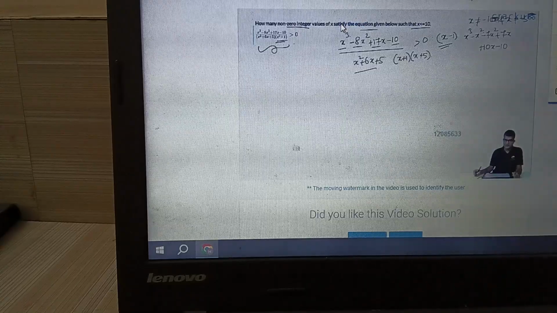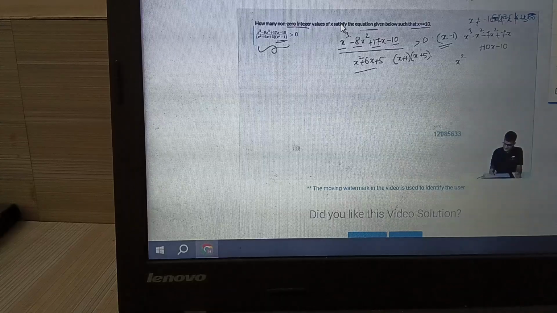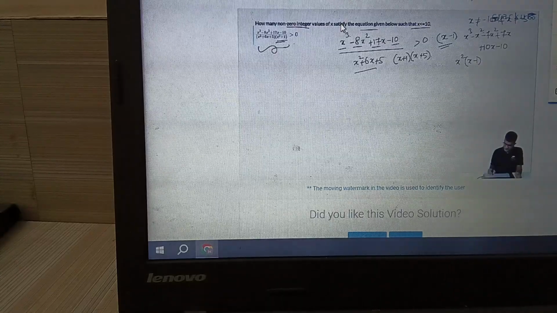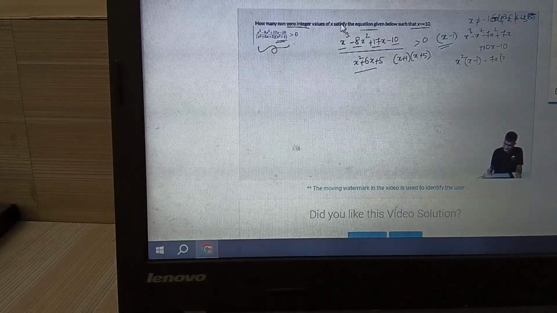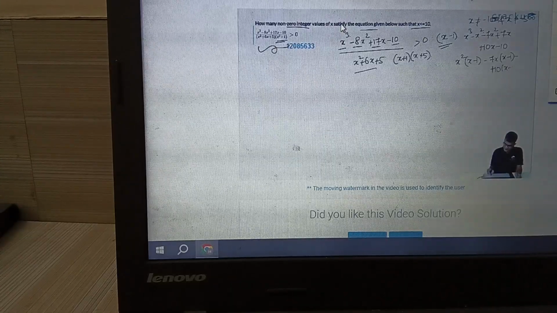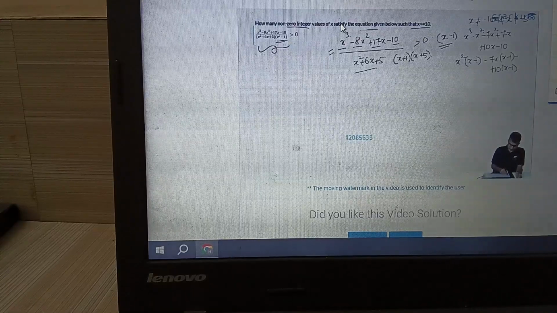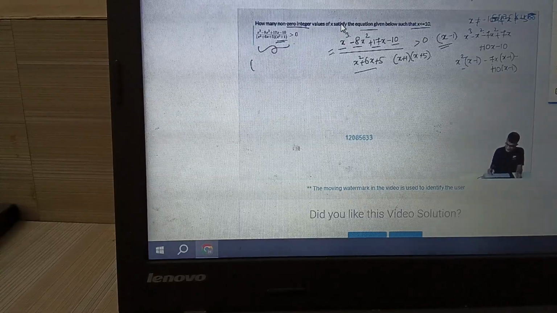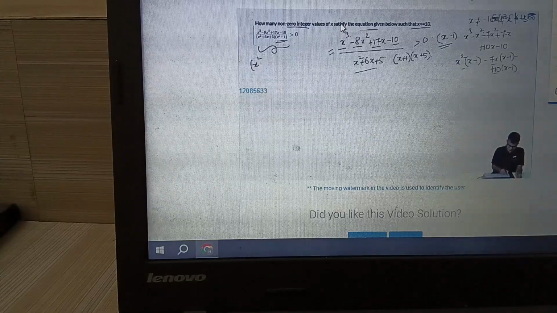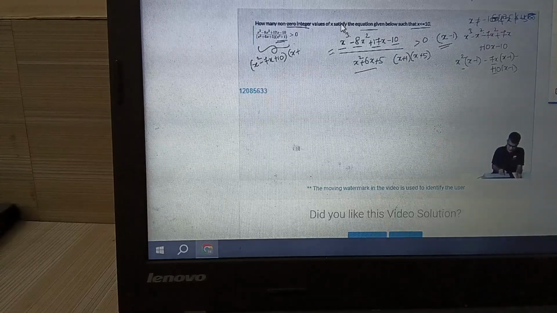This is the numerator. If you are taking x minus 1 common from all the terms, you are going to get the first term as x square into (x minus 1), minus 7x into (x minus 1), plus 10 into (x minus 1). So the numerator is equal to (x square minus 7x plus 10) into (x minus 1).